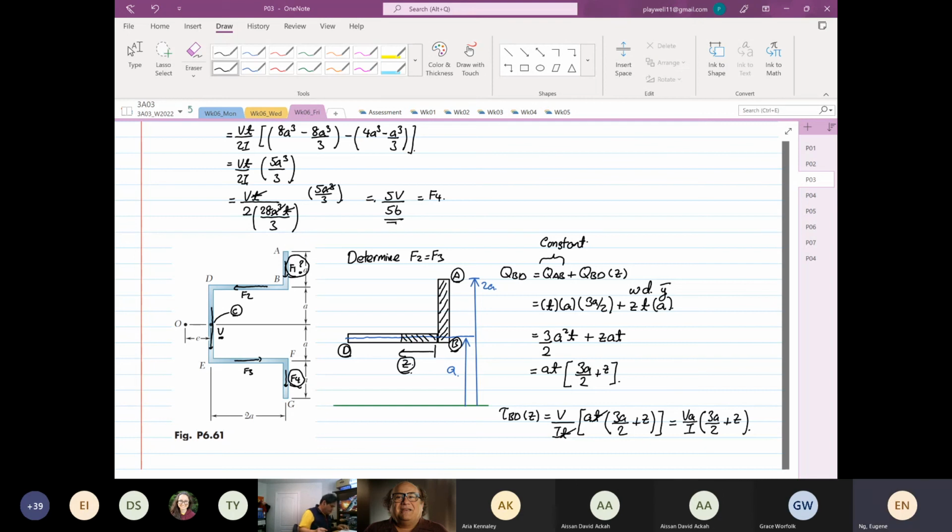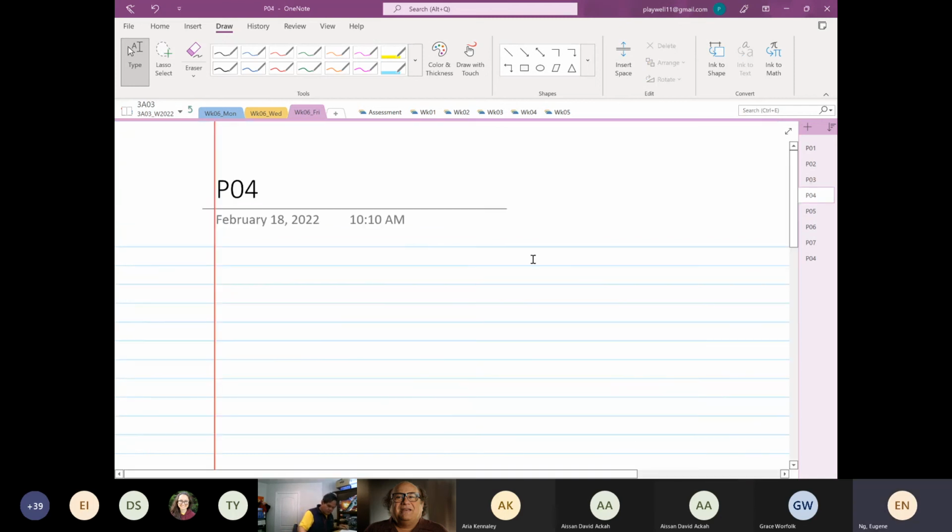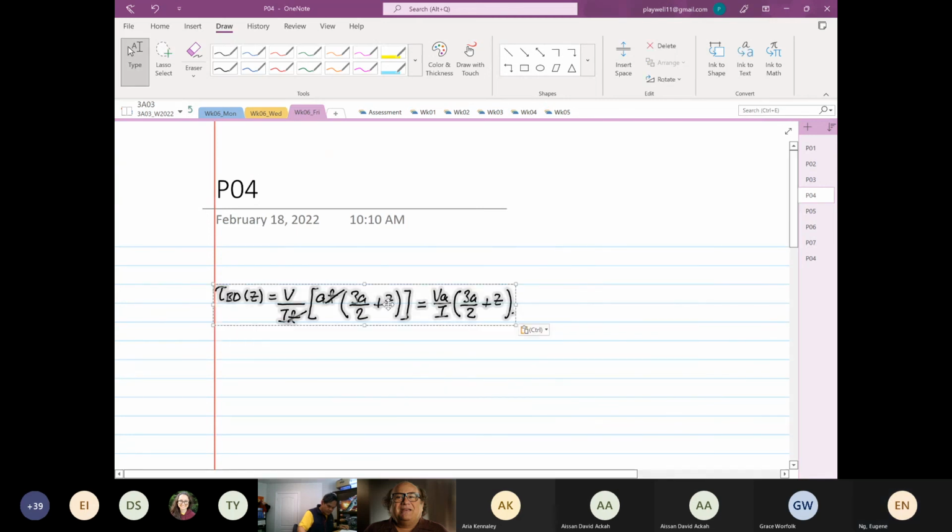So from here, I'm going to copy this equation. So Z over here indicates that it's moving. Okay. Then from here, I need this equation. That's why I copy it.